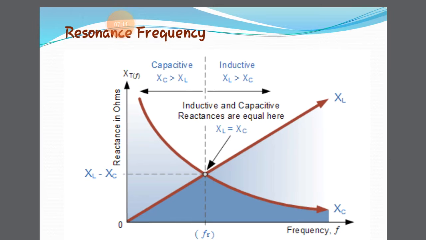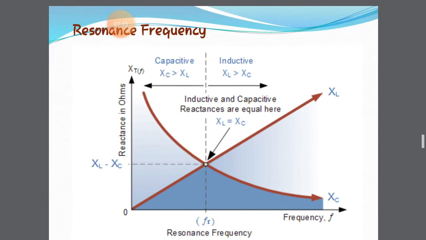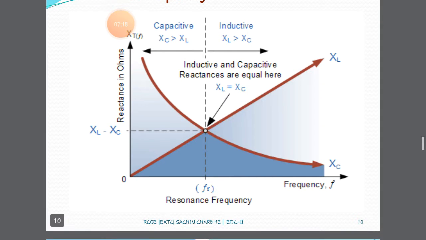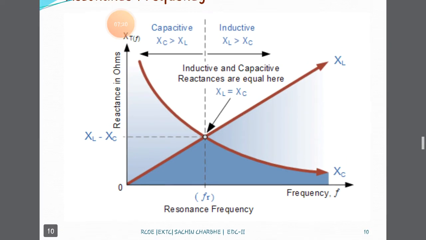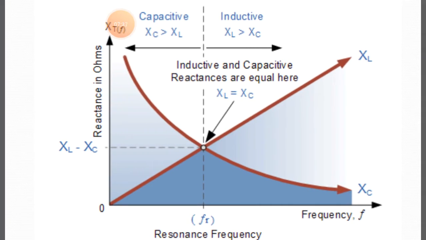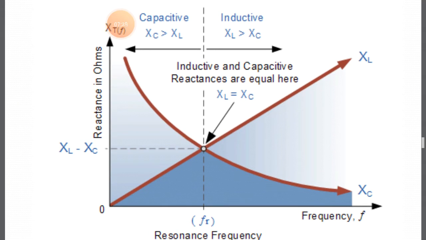Diagrammatically, here I am explaining resonant frequency F versus the reactance in ohms. We use reactance in ohms for the inductance as well as the capacitance, that is XL and XC.